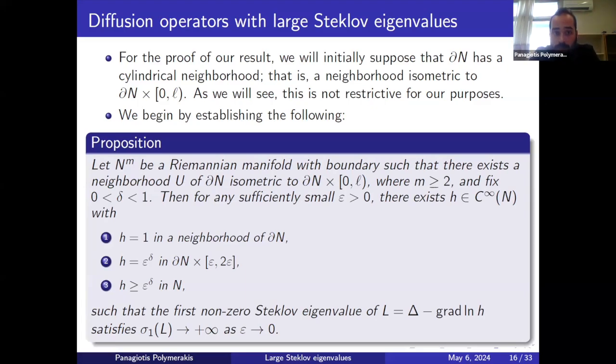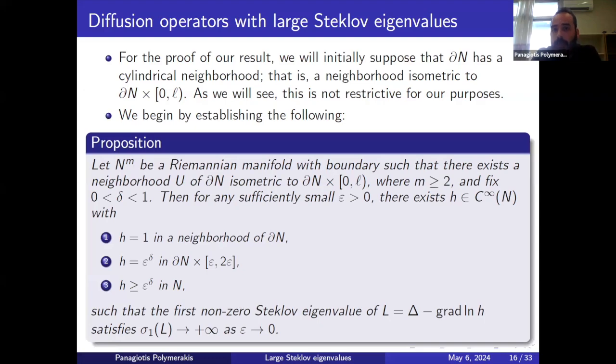And we begin with the first auxiliary proposition. So let M be a compact Riemannian manifold with boundary of dimension at least 2, such that the boundary has a cylindrical neighborhood. And we fix a parameter delta between 0 and 1, which is totally irrelevant for this proposition, but is quite important in the sequel.